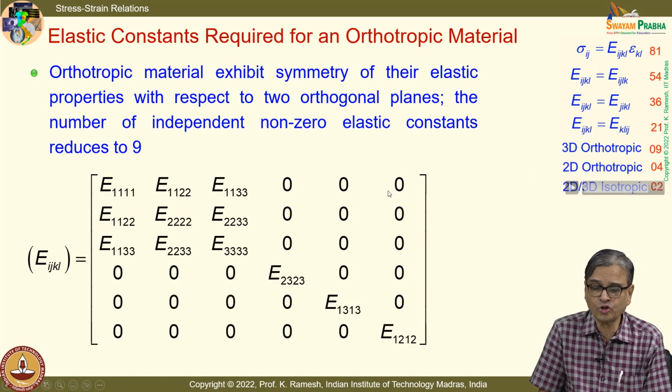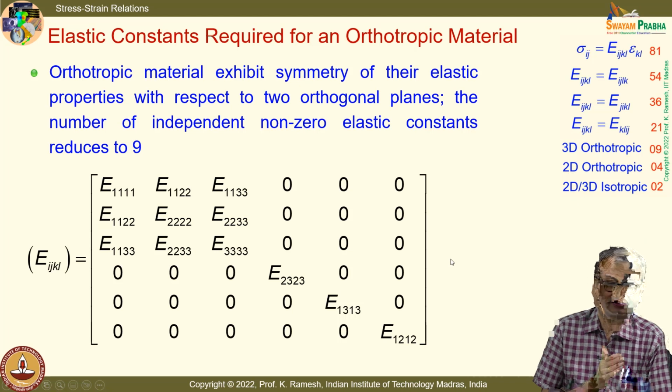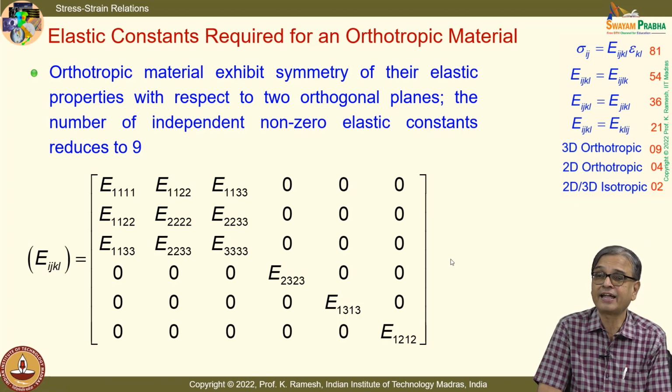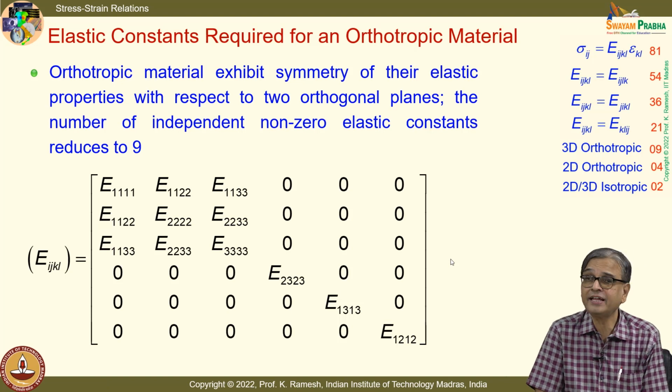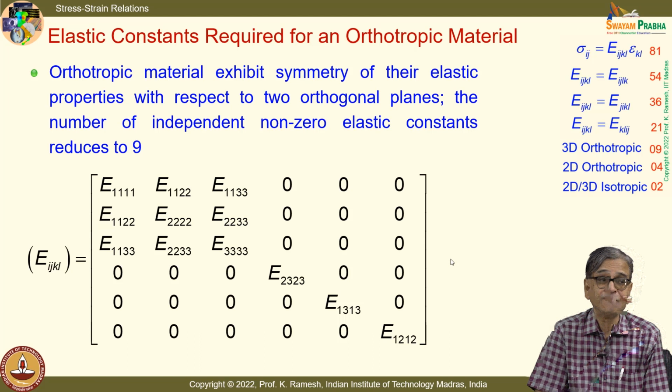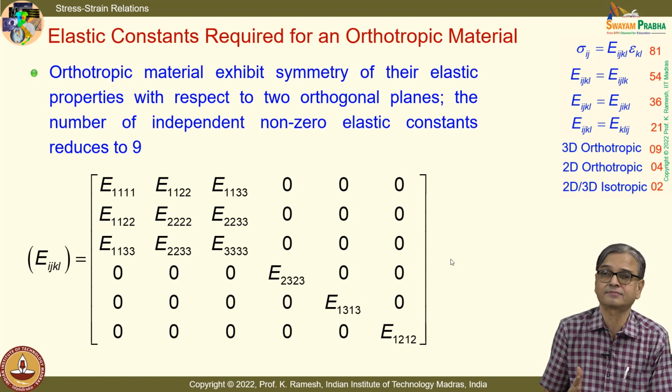A 3D orthotropic material has fewer elastic constants, as you see here. For an isotropic material, 2D or 3D, 2 elastic constants only, which is extremely simpler.